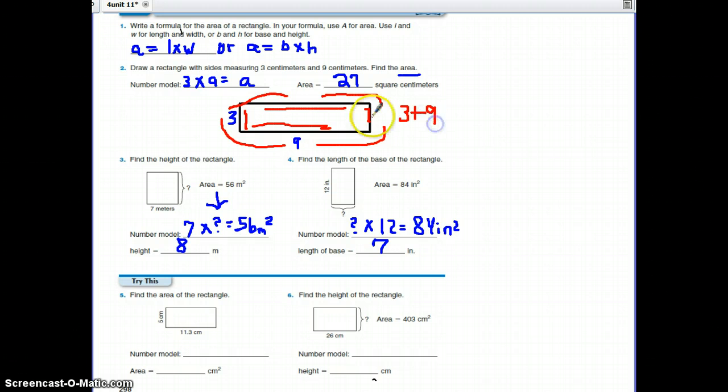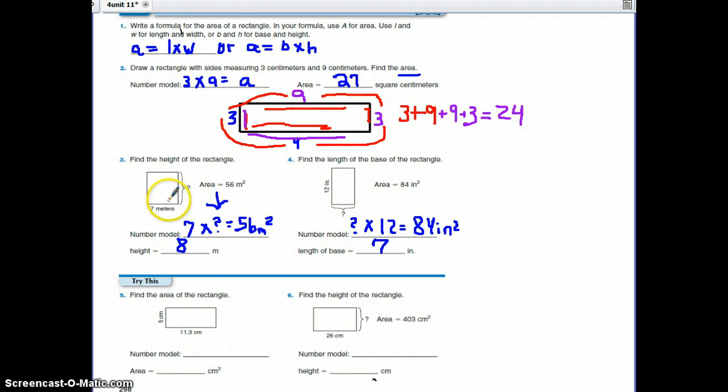But you should know, if this side is 9, then this side would be 9. And if this side is a 3, then this side is a 3. So I'm actually going to add for perimeter 3 plus 9 is 12, plus 9 is 21, plus 3 equals 24. That's perimeter.